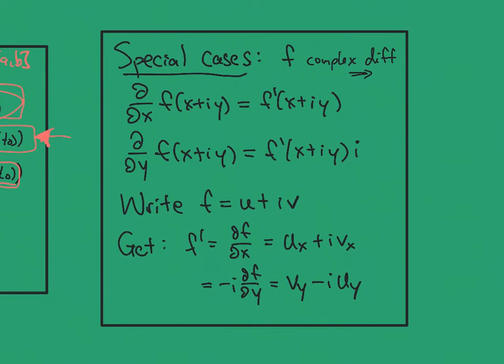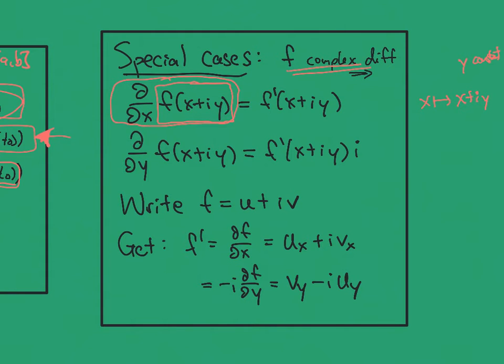So if I have f complex differentiable at the points in question, then I look at f of x plus iy, and I can view temporarily x maps to x plus iy as my function, where y is fixed. And that's the same as taking a partial derivative of this with respect to x.